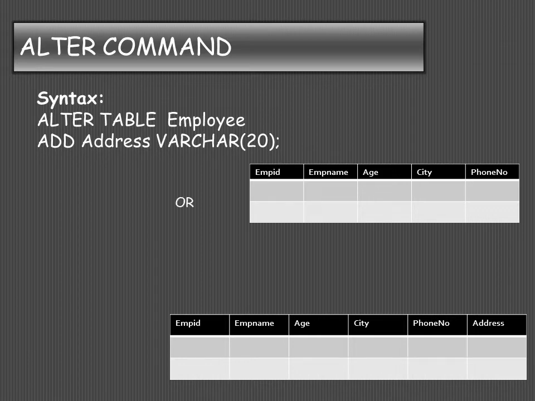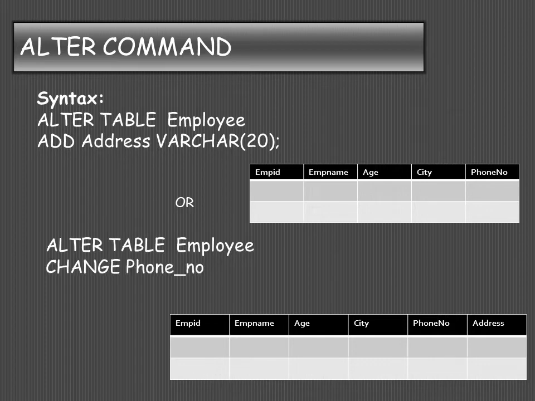Or if I want to change a field name, for example phone number, which is given here, and I want to change it from phone number to contact details, then how will I write it? Alter table employee change phone number contact details.